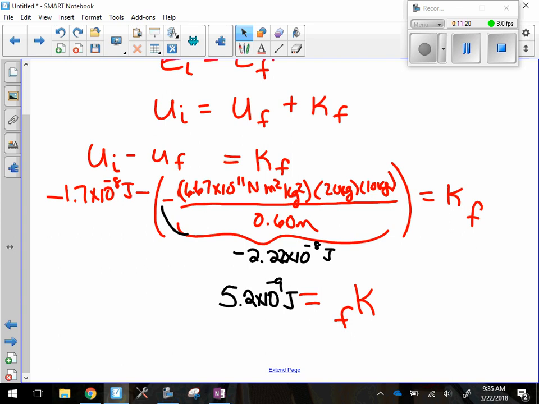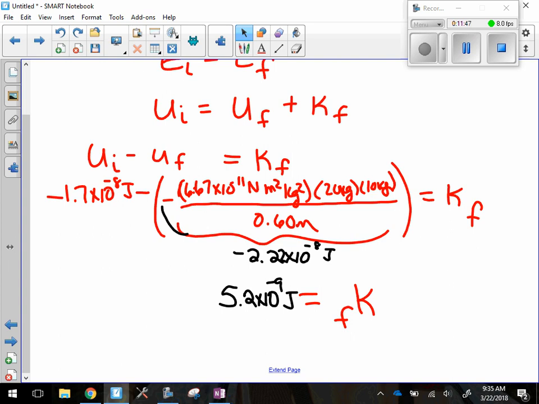The kinetic energy that I give it when I toss it up gets converted to what as the eraser goes up in the air? Potential energy. And the eraser goes up and it loses all of its kinetic energy and it stops, right? And then it comes back down. Free fall.